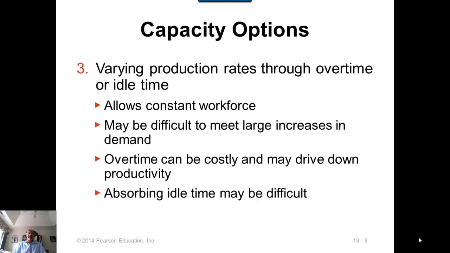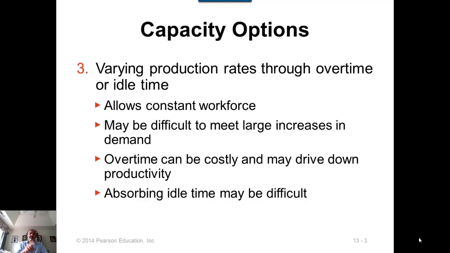So there are some benefits and there are some problems as well. Another capacity option is to use overtime when your demand is more than your capacity, or idle the workers, don't let them go, if the demand is smaller than your capacity, then don't produce. So that way you can avoid inventory. So it allows for a constant workforce, and at the same time you don't accumulate a lot of inventory.